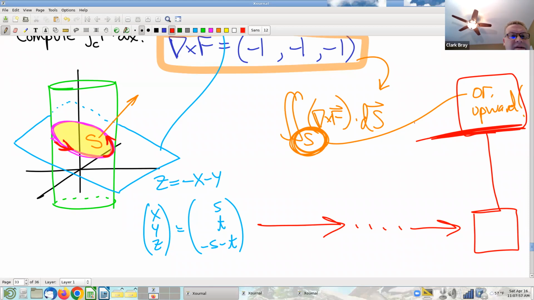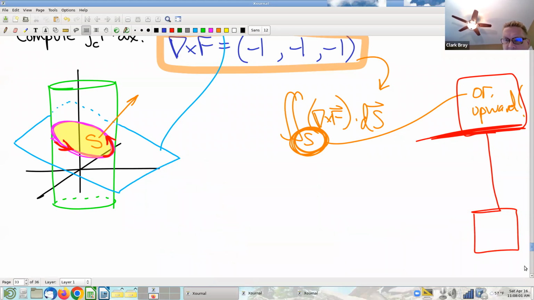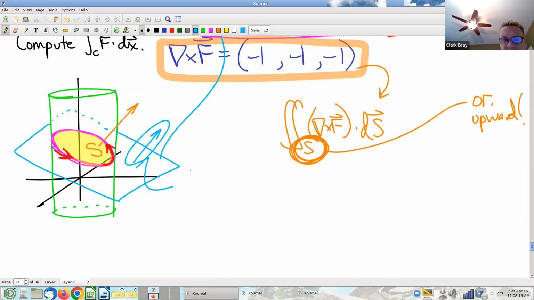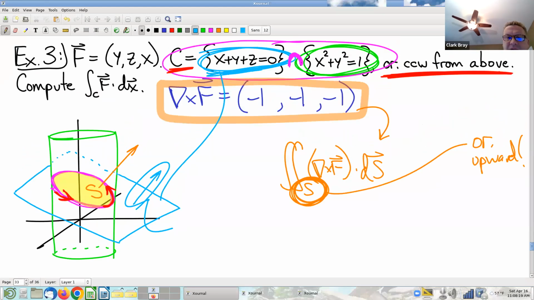I can bypass all of this by just noticing that my normal vector, right, that normal vector, I mean, I can look at the equation of the plane. From the equation of the plane here, doesn't it immediately follow that n equals, and I want to keep this a question mark, (1, 1, 1).